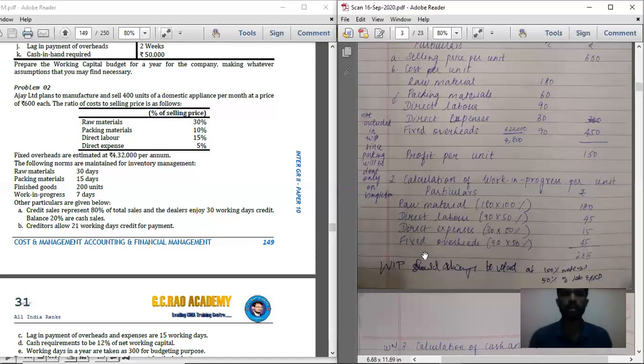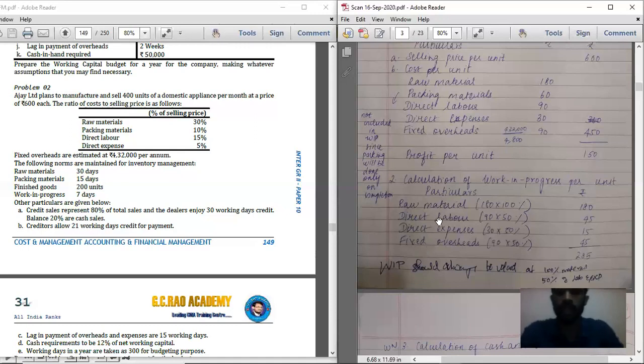So to start production you always require 100% of material. Whatever labor has been consumed, according to that we calculate work in progress.